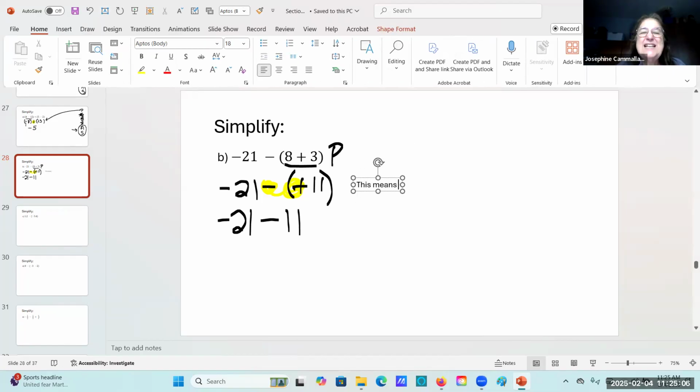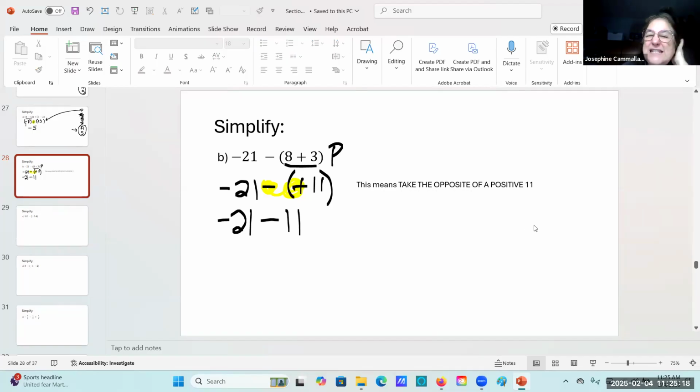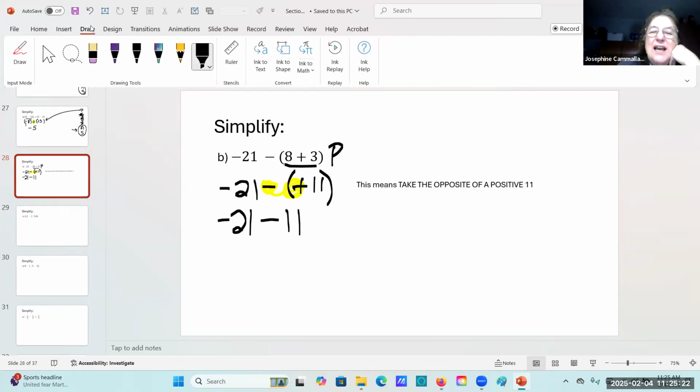This means take the opposite of a positive 11.